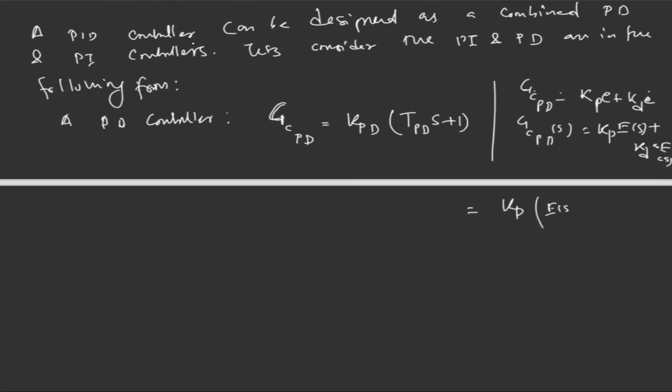It will be E(s) times 1 plus KD by KP s.